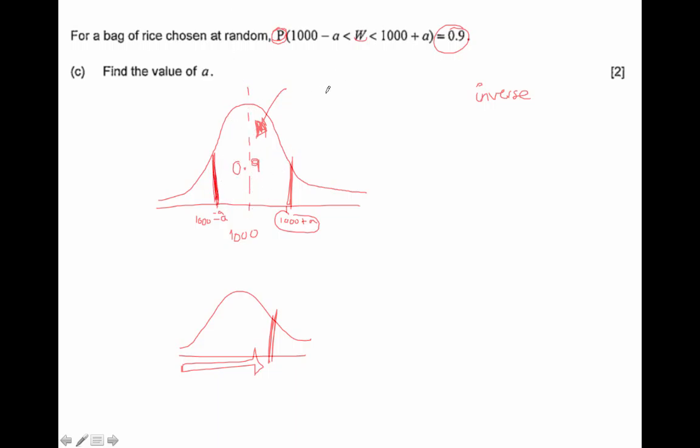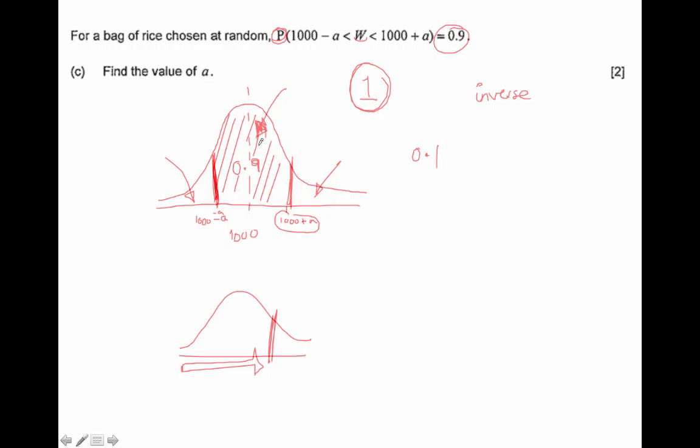So think about the normal distribution. It's meant to represent the whole of the population. It's meant to represent a total of 1 or 100%. So if I've got 0.9 or 90% represented here between these two values, then what percentage of the population have I got on either end? Well, in total, I'd have 10% left over, or 0.1.